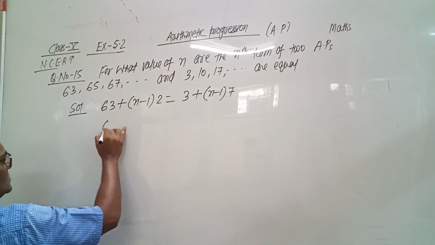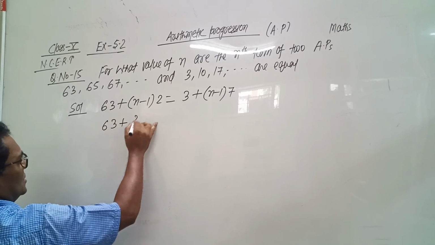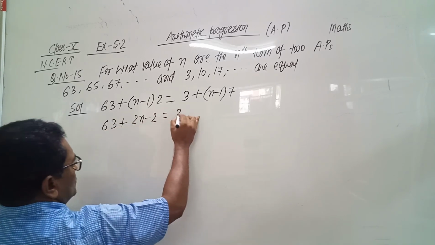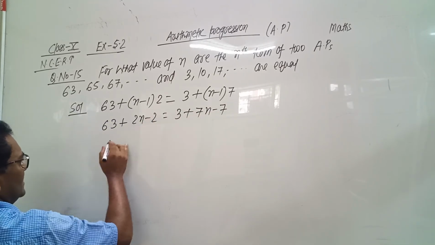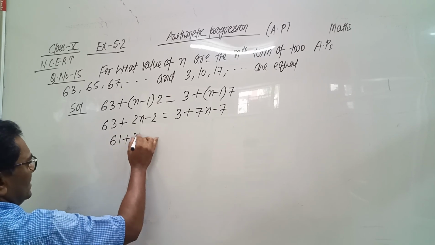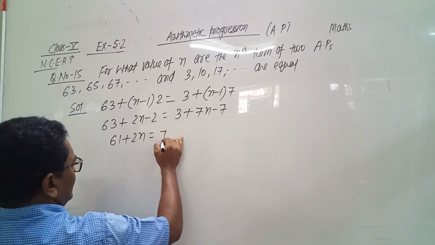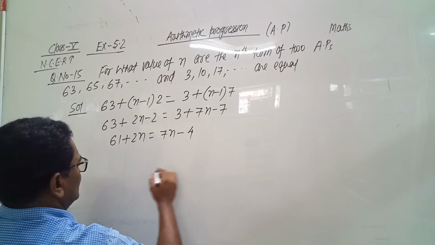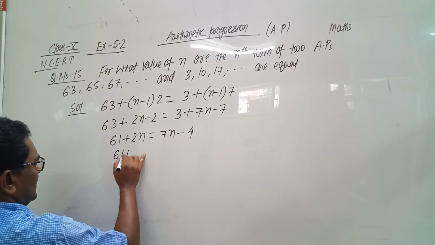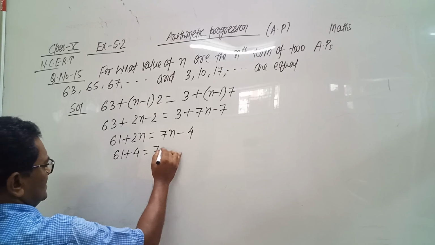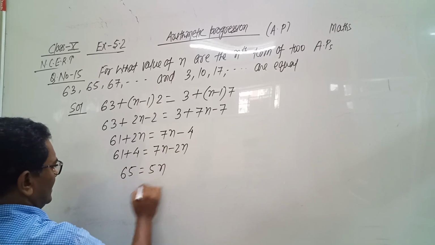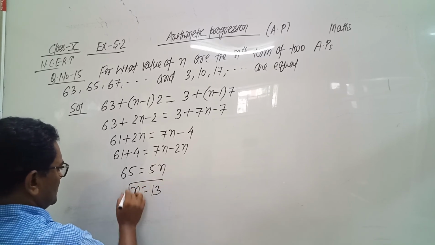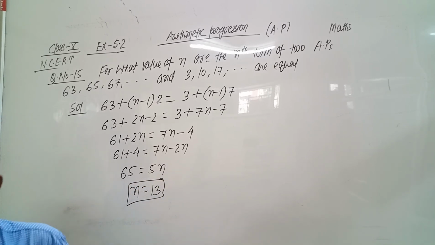We solve this. 63 plus 2n minus 2 equals 3 plus 7n minus 7. 63 minus 2 is 61 plus 2n. 3 minus 7 is minus 4, and 61 plus 4 equals 7n minus 2n. 65 equals 5n, and the value of n comes to be 65 by 5, 13.